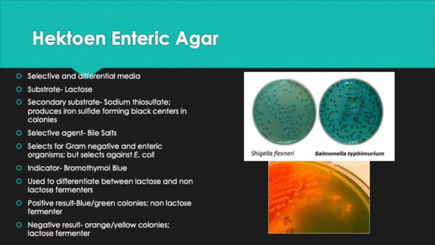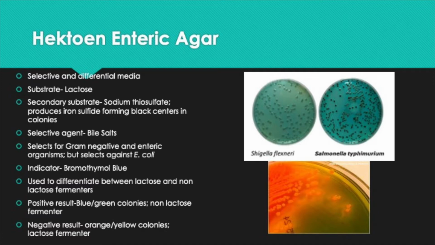For a negative result for HEA, so that means that the bacteria fermented the lactose, you get orange/yellow colonies, and the agar also turns color. It's like a bright coral color, and you'll see that whenever I read the results.